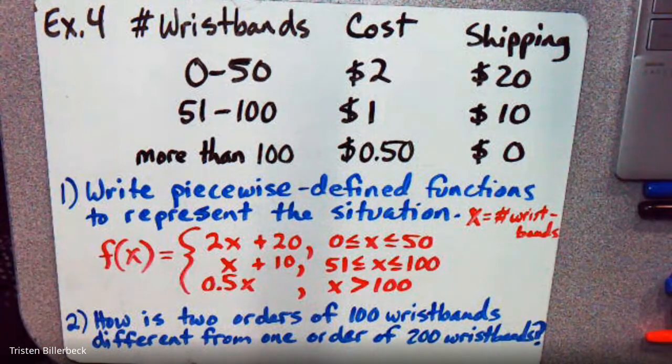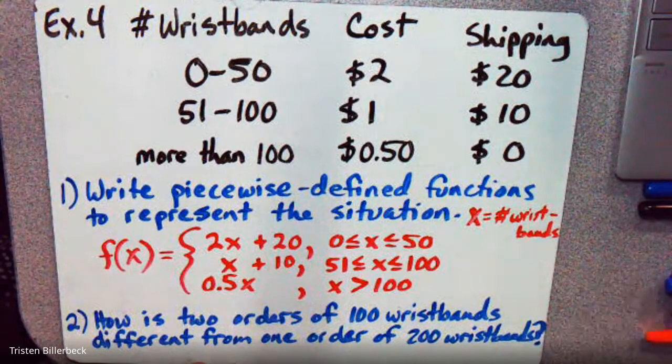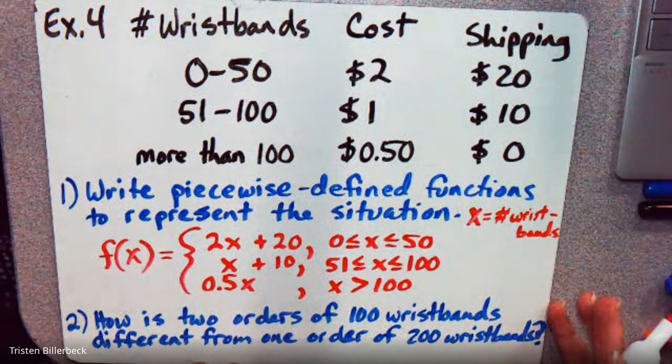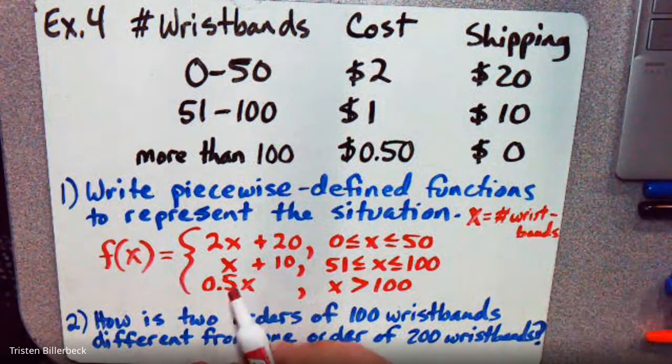All right, so what if we didn't know we were going to need 200 wristbands, and we order 100 wristbands and we run out, so we order 100 wristbands again. How much does that really cost us? Let's put that in here.